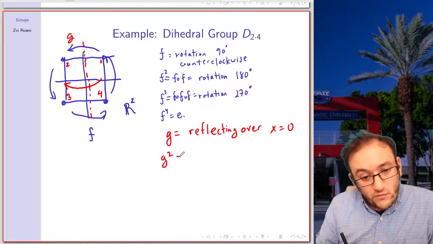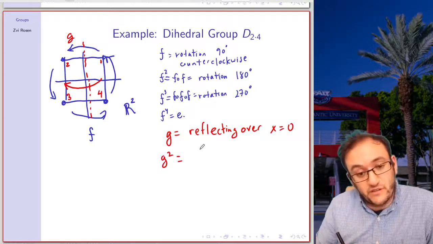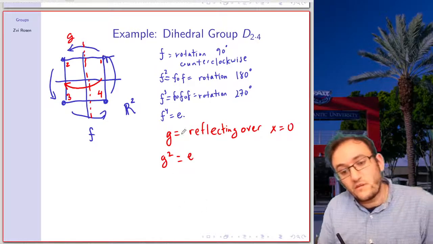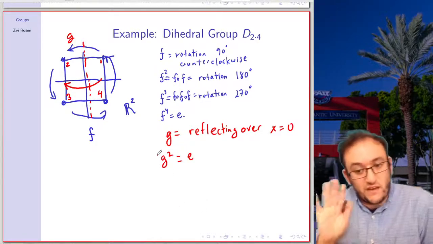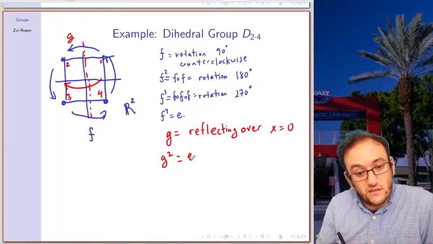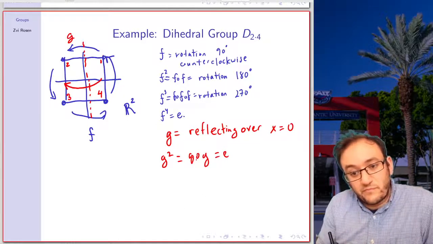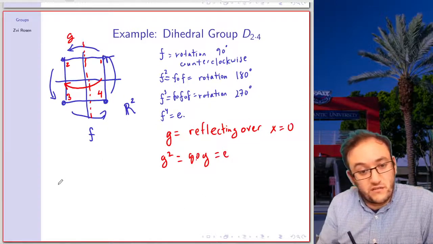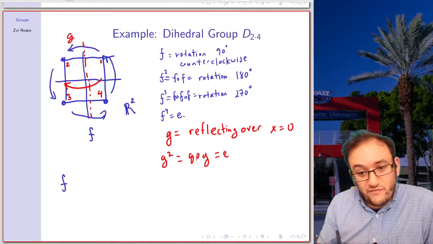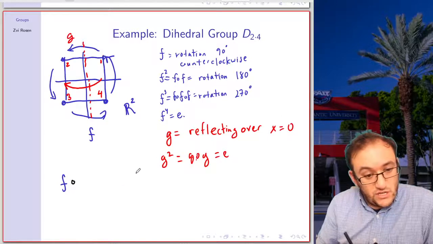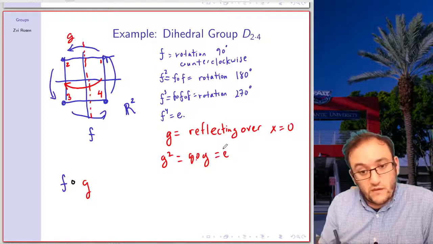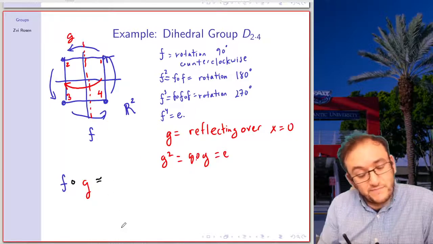And if you do G squared, well, if you reflect twice, you come back to where you started, so that's equal to E. Okay, so that covers powers of F and G. Let's just remind ourselves that this is G composed with G. How about F composed with G? So if we do F after we do G, okay, how does that act?